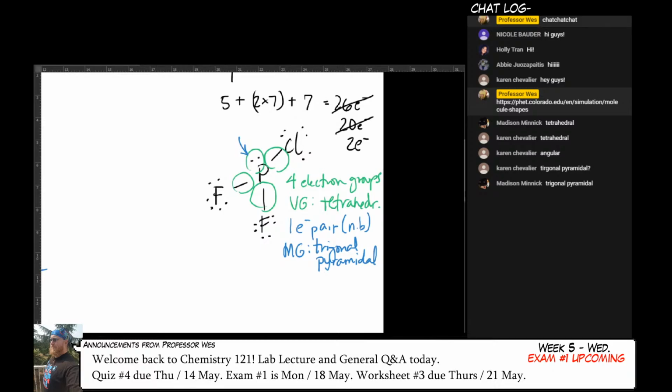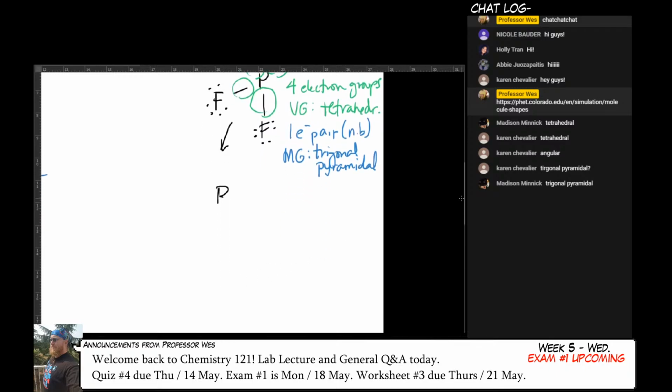Now, looking at my structure, you would look at that and not think, oh, that's totally trigonal pyramidal. So what I need to do is change my structure so that it looks more trigonal pyramidal. The way I'm going to do that is I'm going to put my phosphorus here. I've got to make more space. And we're going to go 1, 2, 3 things. So one is a fluorine, one's a fluorine, one's a chlorine.